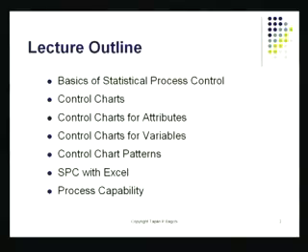The outline of the lecture will discuss some basics. Then we'll discuss exactly the various things about the control chart, this key tool that is used in statistical process control. 2 types of charts are fairly common. One chart that is attributed to some quality that you can basically call good or bad.